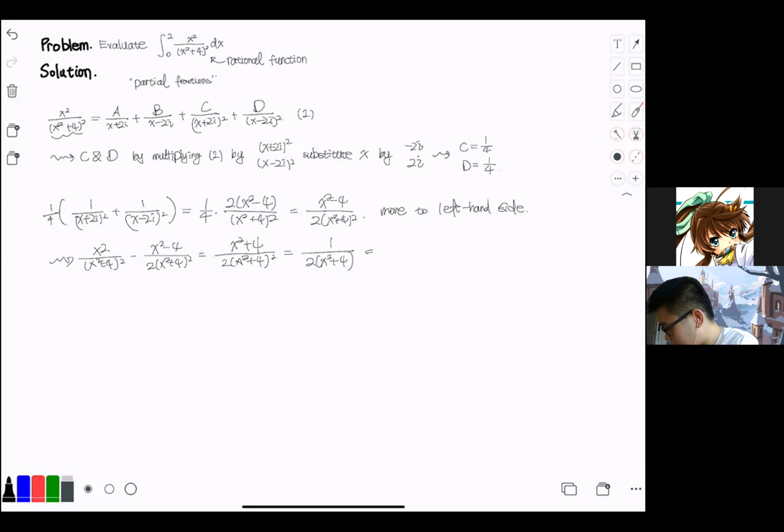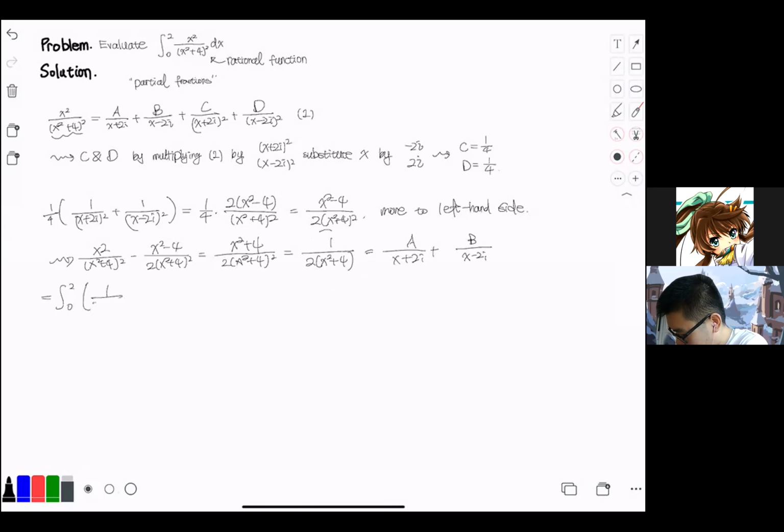So this will equal a over (x + 2i) plus b over (x − 2i). So we don't even need to compute the explicit values of a and b because we know that this can be easily computed. Okay. So now we can just compute the integration.